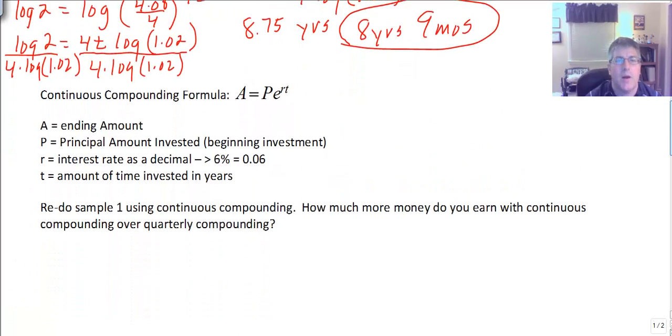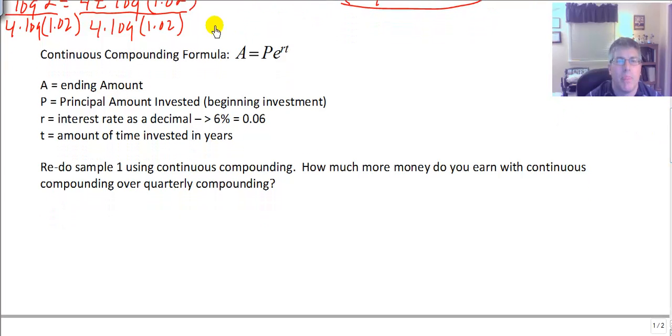Another kind of compounding is continuous compounding. Our continuous compounding formula is A equals P times e, so there's that e again, that number, raised to the r times t. So we're probably going to use the natural log on this one, where A is our ending amount again, P is the principal invested, r is the interest rate, and t is the amount of time in years.